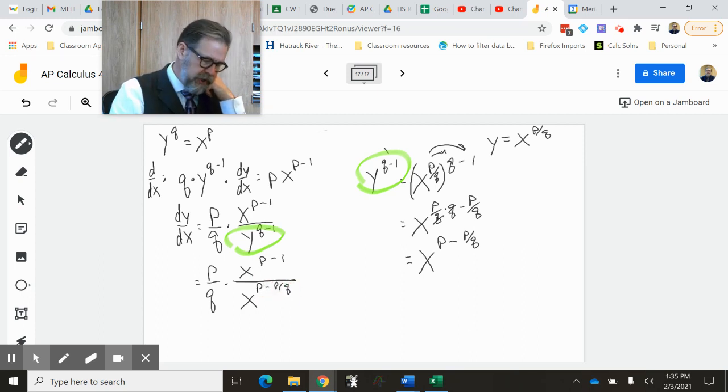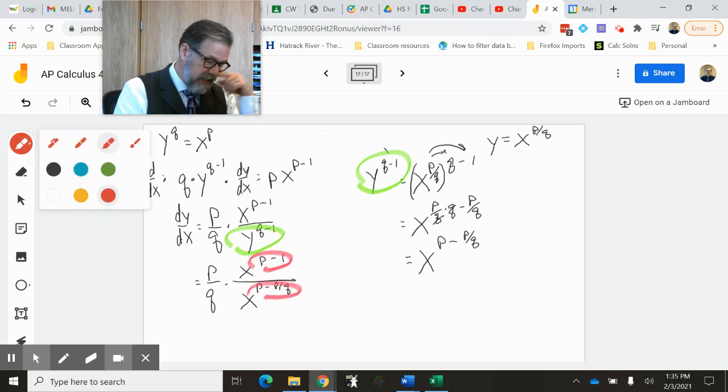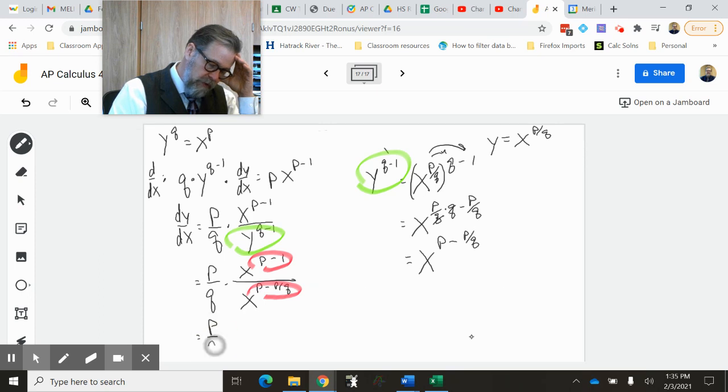And of course, we can just subtract these powers, since that's a shortcut we have. And so this equals p over q times x to the p minus 1 minus q minus p over q.